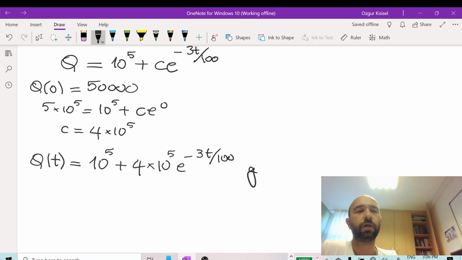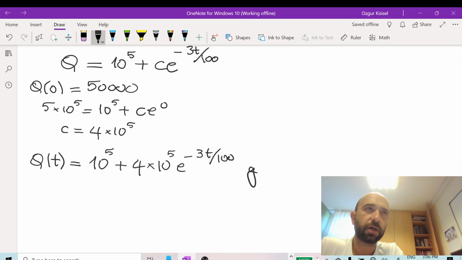Let's double check. At time equals 0, you have 5 times 10 to the 5, which is 50 kilograms. And eventually, when t goes to infinity, this decaying exponential part will go to 0, and the limiting value will be 10 kilograms. That's kind of consistent, I suppose, because the incoming solution had a density of 100 grams per liter.